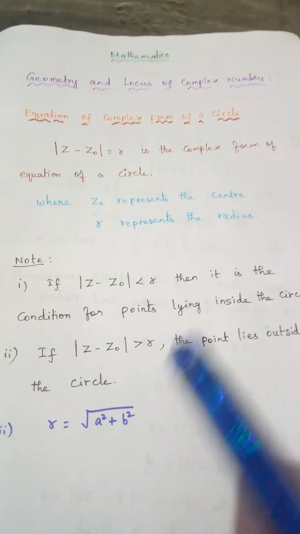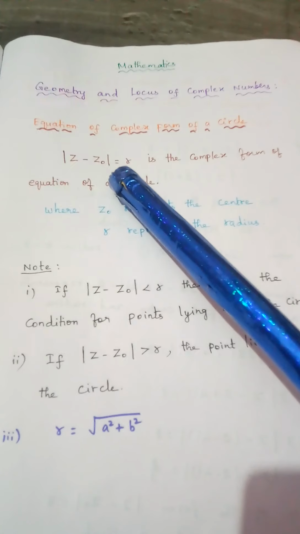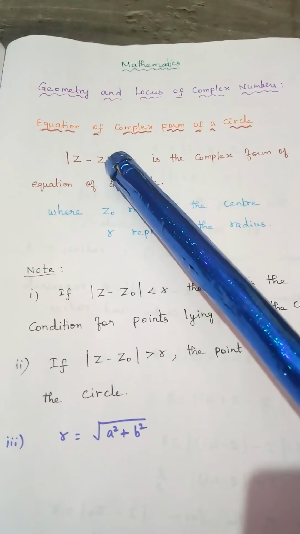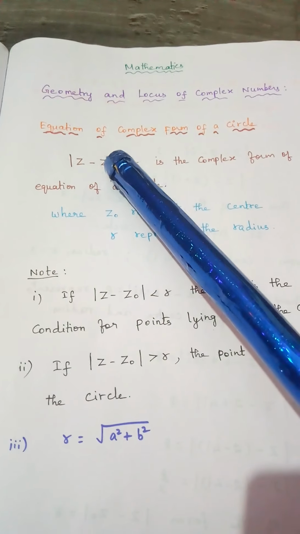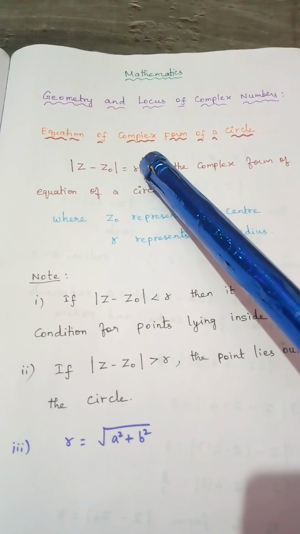So what we have seen is only one definition, that is, the equation of a circle in complex form. What is z naught? Z naught is nothing but the center. What is r? R is nothing but the radius.